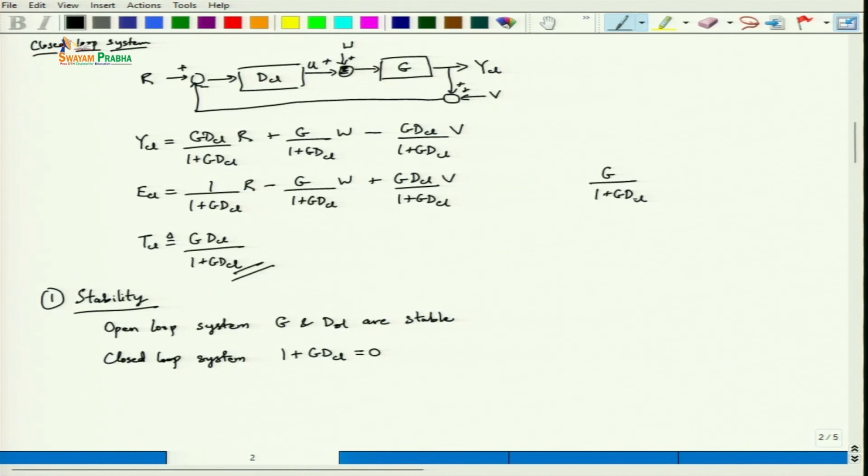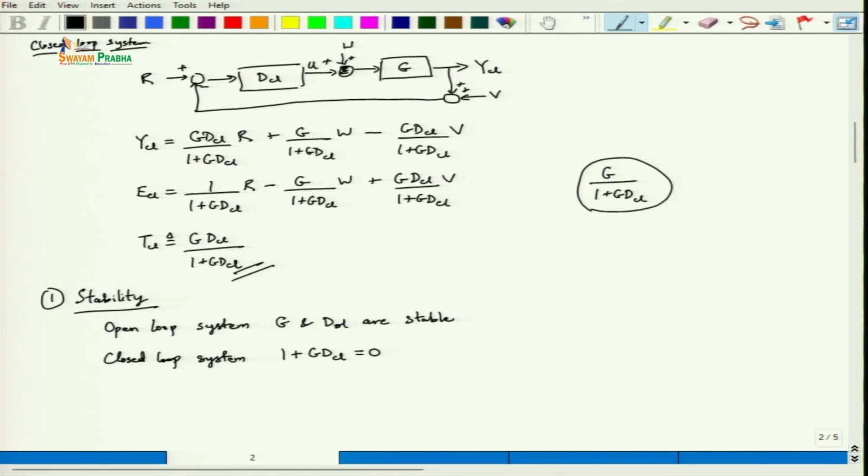So all we have to do is to minimize this particular quantity for a given G, is we basically increase the value of DCL. So what happens is the denominator grows large, and this overall quantity G by 1 plus GDCL will be minimized if DCL is very large.